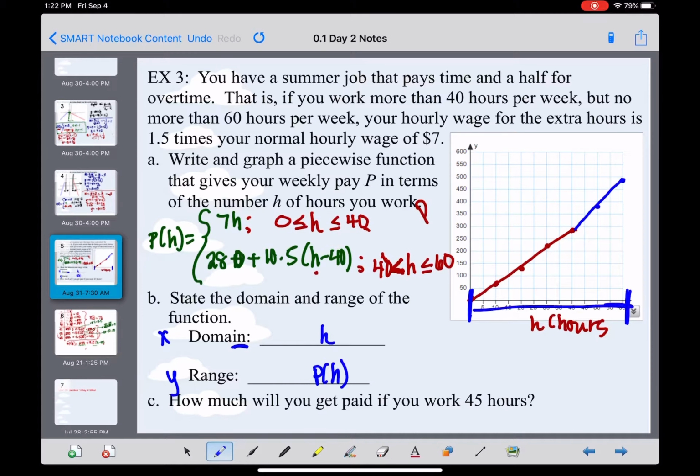So 0 to 60 is my H's, and I include both endpoints. For the range, I start at 0 and go all the way to 490. So 0 is included, and I go up to 490.